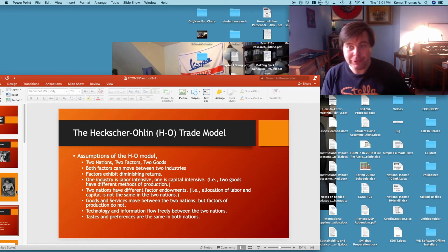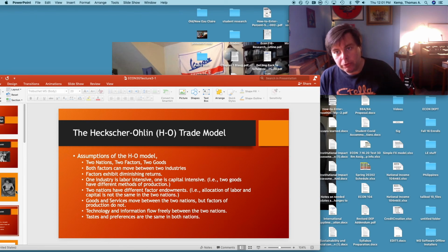Then Heckscher-Ohlin doesn't quite get it, right? You've got another layer of problem that you've got to solve. But if we assume that people and physical capital and stuff like that is stuck in a place, but that goods and services can move freely, then we've got a Heckscher-Ohlin style situation.